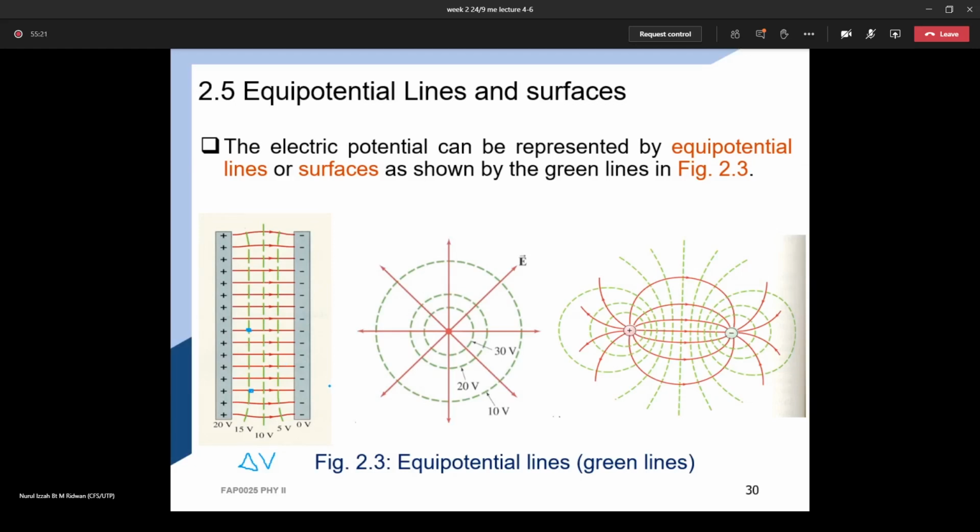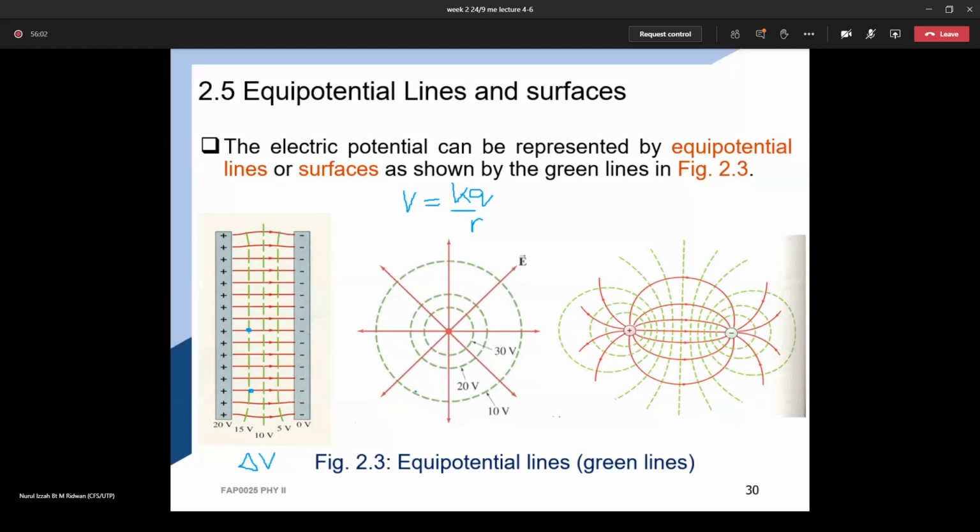All the green lines here will show you that these points have the same potential at all points. The same goes for point charges. The point charge has the equation V equals KQ over R, where R is the distance from the charge. Since for a point charge the distance can be any point around the charge, the equipotential lines are circles around it like this.